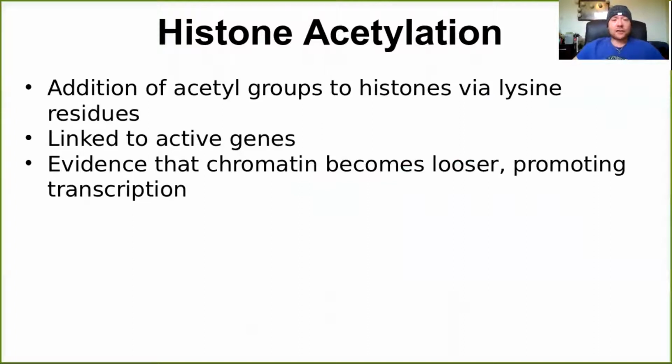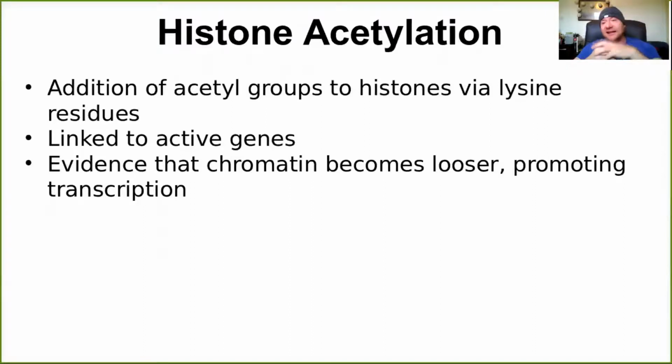So, addition of acetyl groups to histones via the lysine residue. Lysine is an amino acid. Proteins are made of amino acids. So histone proteins have lysines in them, a type of amino acid. Now you can place an acetyl group onto a lysine or you can remove it. If you acetylate a histone protein, it has the opposite effect of methylating the DNA.